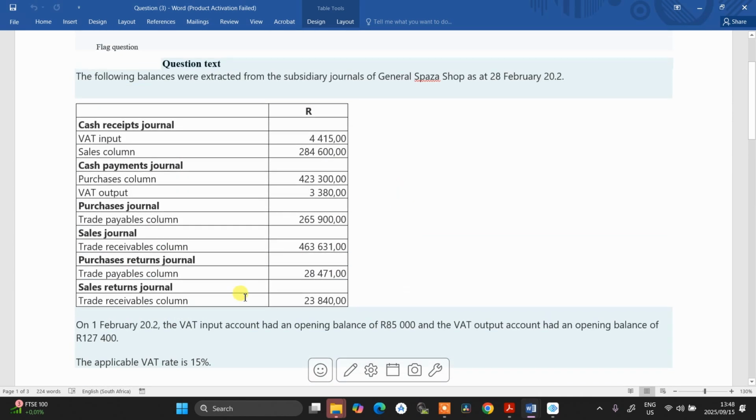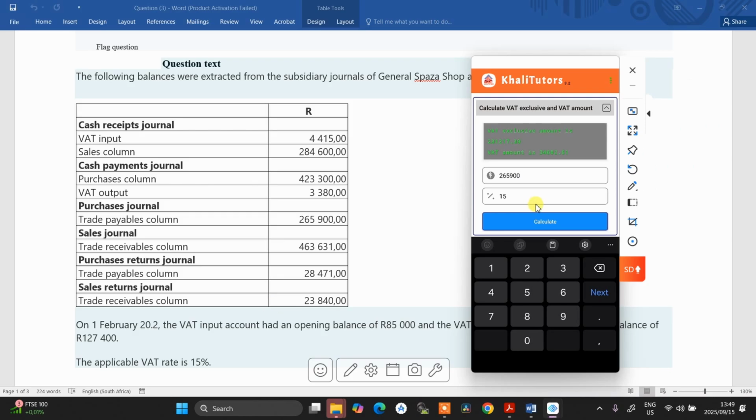Okay, the purchases returns journal, we have trade payables column, and we are given the total amount, which means this is VAT inclusive. Okay, if this is VAT inclusive, we need to calculate the VAT amount and the VAT exclusive amount. So we are simply going to change the values on this application here.